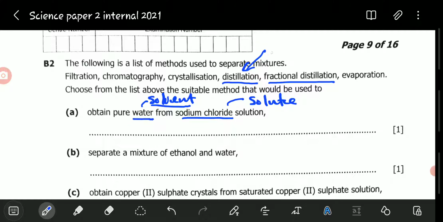Simple distillation, or just distillation, is a separation technique that is used to separate a liquid from a soluble solid.